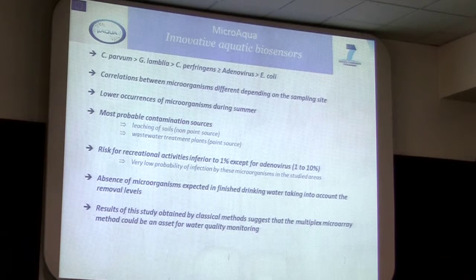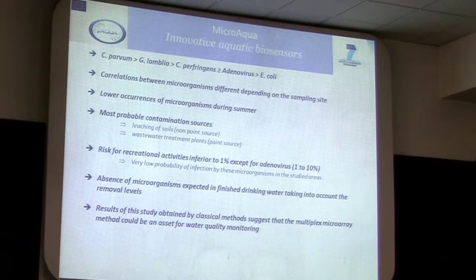The risk for recreational activities is inferior to 1%, except for adenovirus, varying from 1 to 10%. So there's a very low probability of infection by these microorganisms in the studied areas.